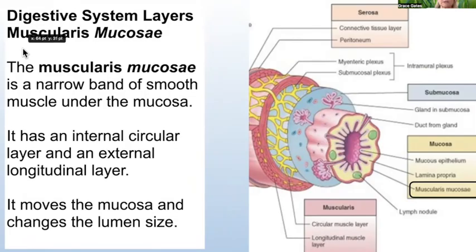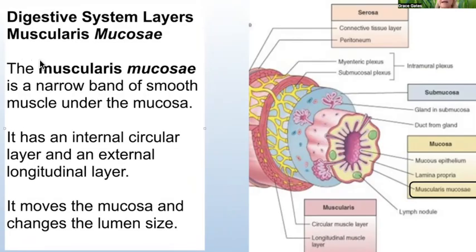Okay, the muscularis mucosae is a narrow band of smooth muscle under the mucosa. It has an internal circular layer and an external longitudinal layer, although it is quite a thin layer of muscle, so neither of these layers is very thick. Both the internal and external layers are thin.